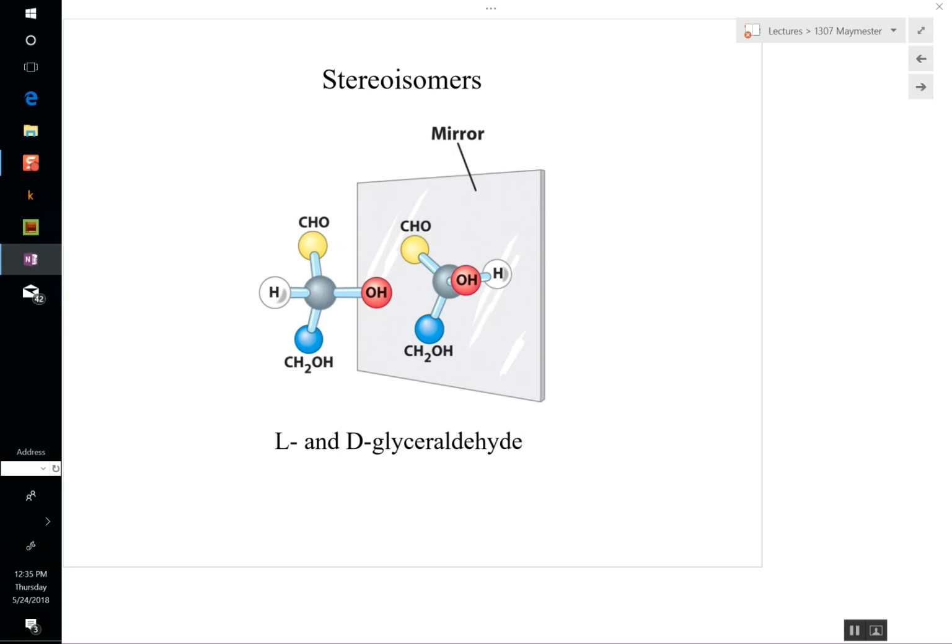And the proteins in your body will handle the D isomer and discard the L isomer, or the L isomer will cause your body problems because it messes things up. All right, so this is what gives rise to these prefixes in front of the name. Okay, I'll tell you what. While you guys make your glucose, I'm going to put together this glyceraldehyde, and we'll talk a little bit more about these isomers.